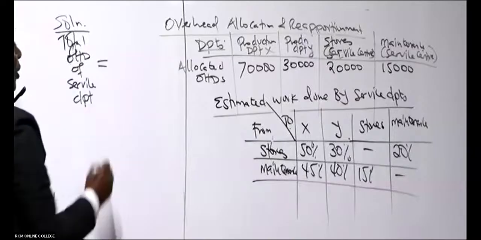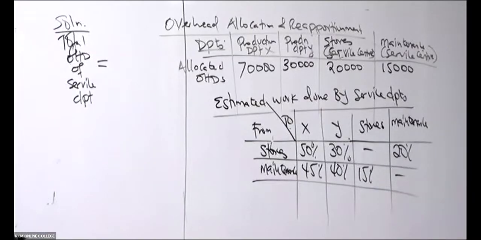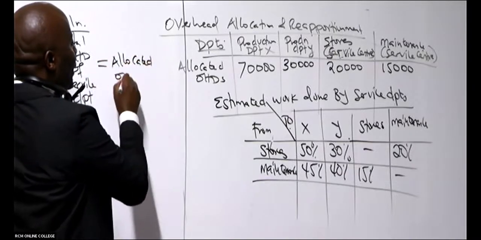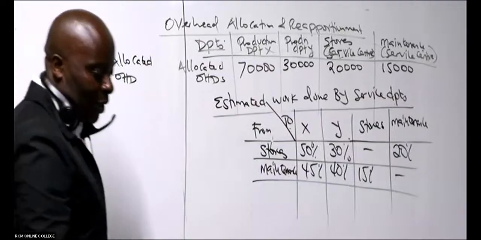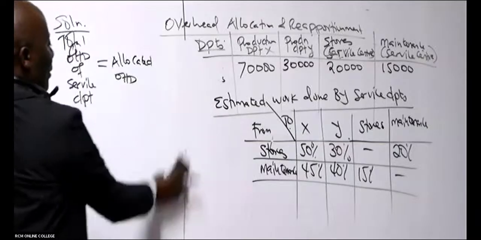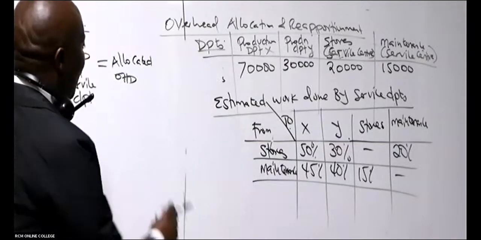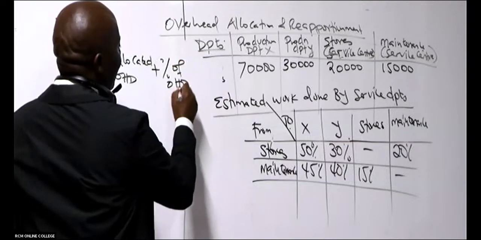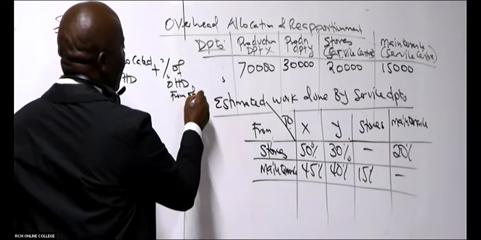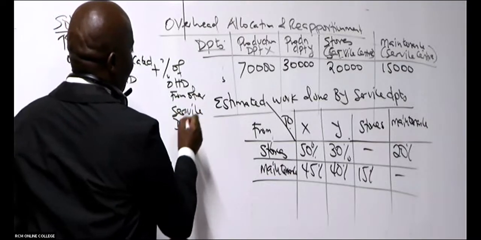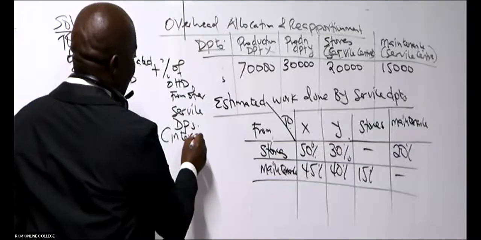Total overhead of a service department will always be equal to allocated overhead plus percentage of overhead from other service departments, what we call inter-services.